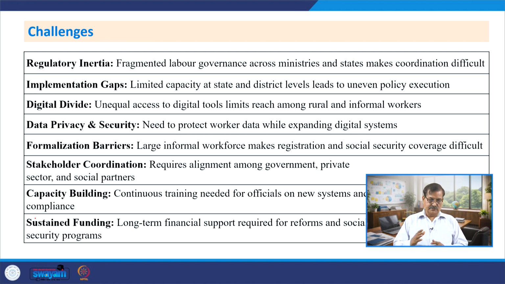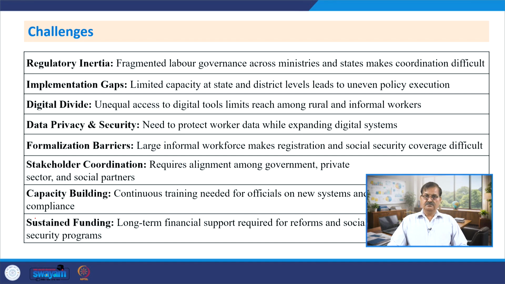Another important challenge is the digital divide, because in India, especially in remote areas, people do not have access to digital technologies, and that makes a huge gap between rural and urban, and especially between the informal sector and formal sector. Data privacy and security is also important, and India needs to evolve an effective mechanism to protect workers' data while expanding the digital systems.